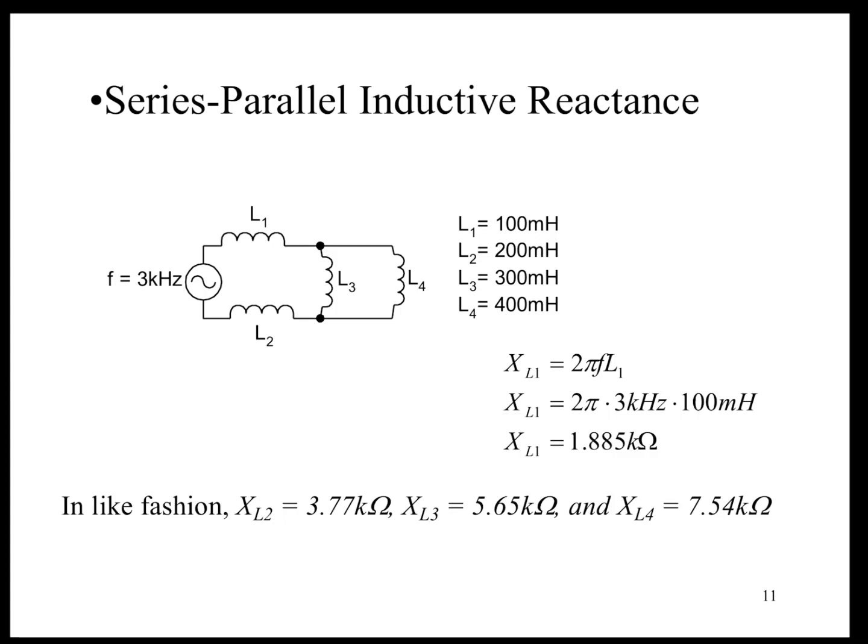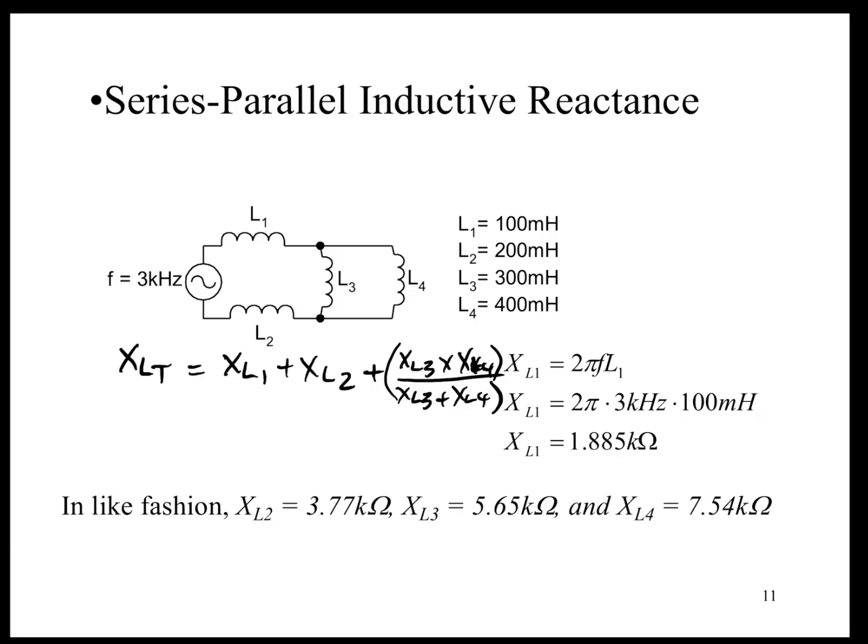One of them would be to determine the XL values, and then you could say simply XL total would equal XL1 plus XL2, because that's a series connection of two opposition values, added on to, now using the product over sum, XL3 times XL4 over XL3 plus XL4. And that would give you an XL total.